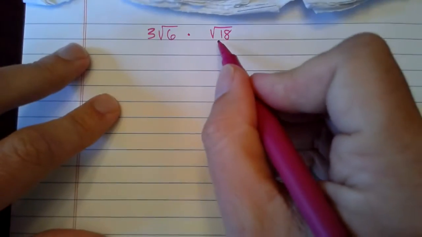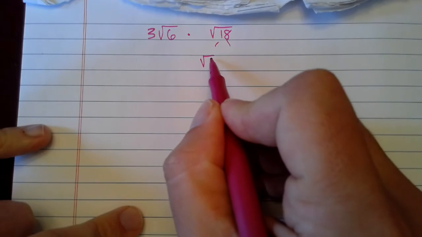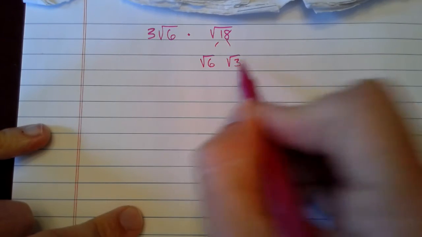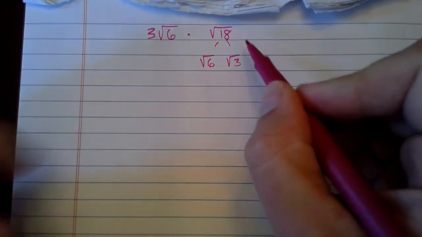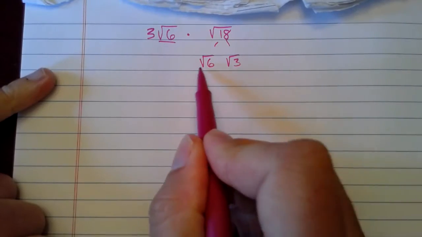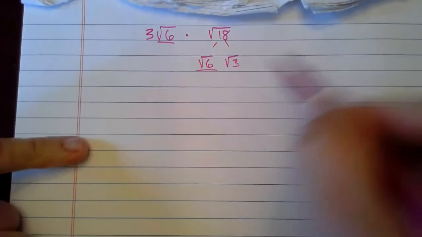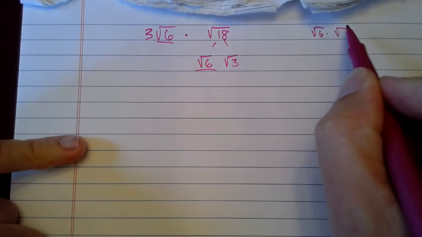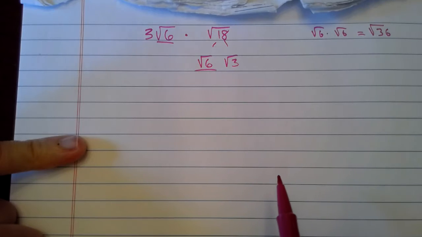What we can do is break root 18 down into root 6 and root 3. You're like, why wouldn't you do root 9 and root 2? Well, I'll show you why. Being that I have a root 6 here and a root 6 here, if I were to do root 6 times root 6, that gives me root 36, which would just be 6.